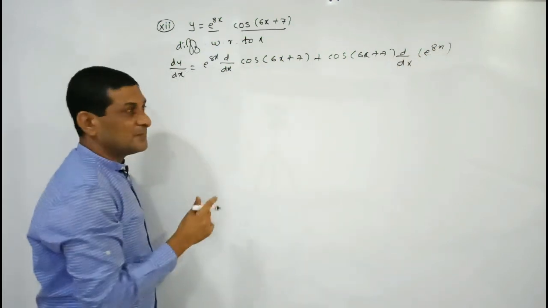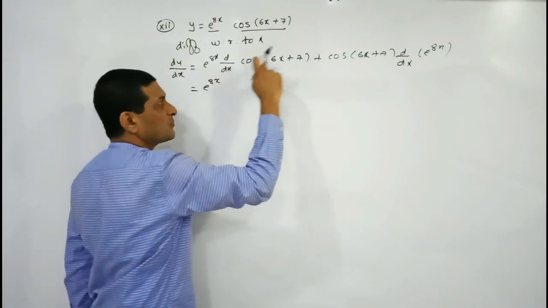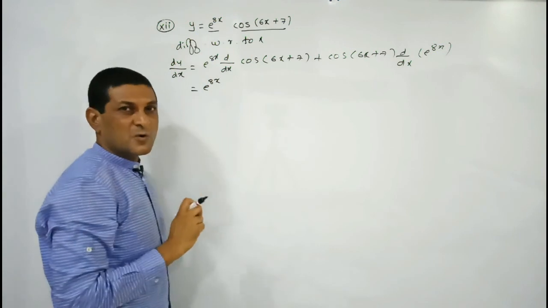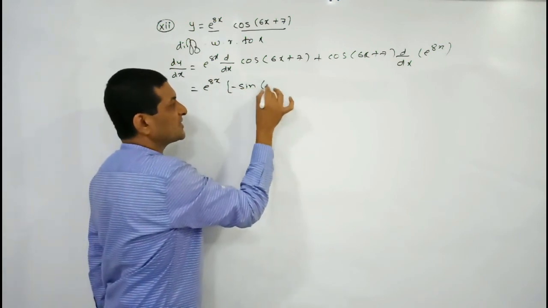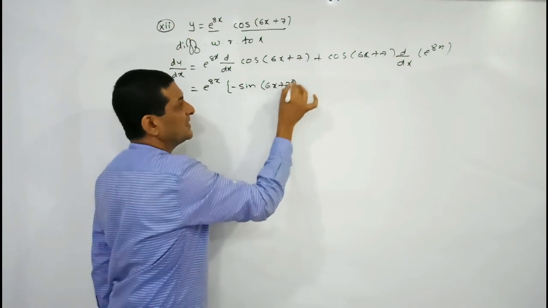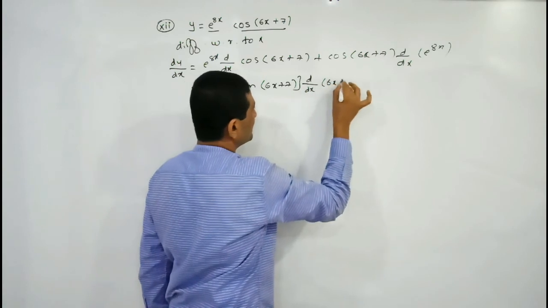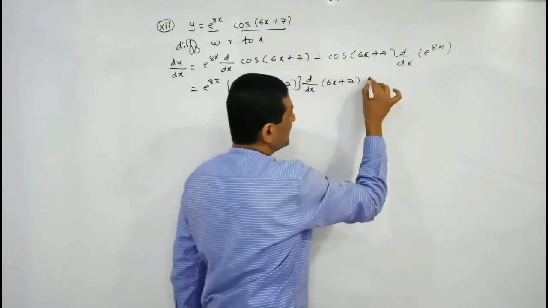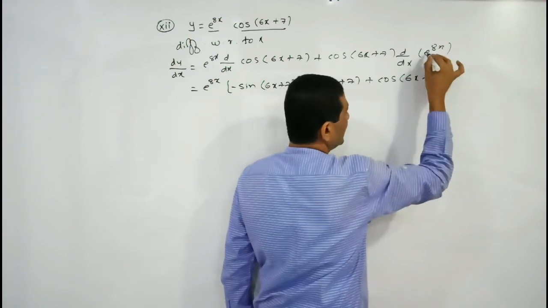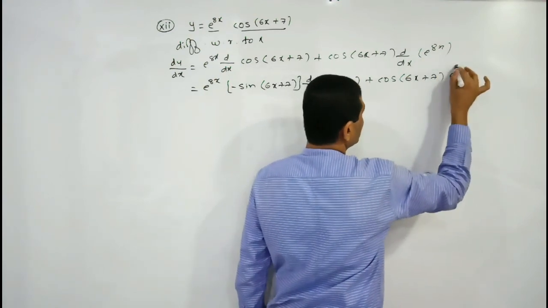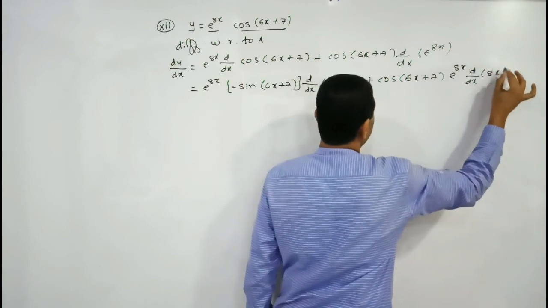Let us simplify again. e raised to power 8x, keep it as it is, into derivative of cos f of x, which is minus sin f of x. f of x is 6x plus 7, into derivative of 6x plus 7. Again plus cos of 6x plus 7 as it is, into derivative of e raised to power f of x, which is e raised to power f of x into derivative of f of x, means derivative of 8x.